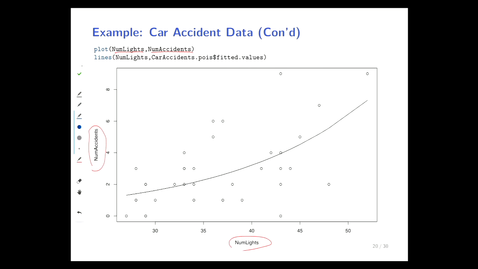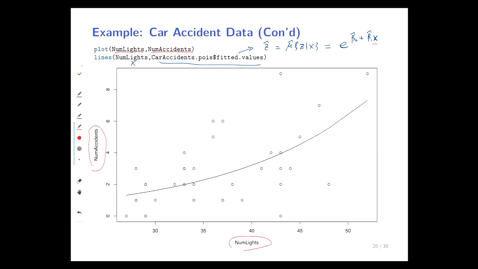If we have x as the number of traffic lights, this is the fitted value Z hat, which equals mu hat of Z given x. That's our estimated mean of response by plugging in the maximum likelihood estimation. Here we only have one explanatory variable.